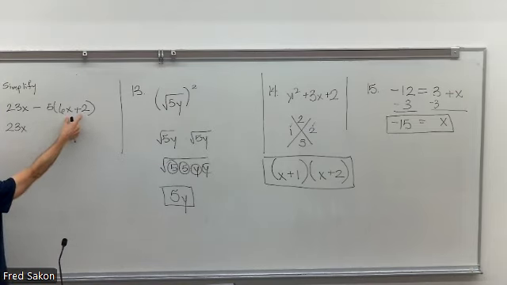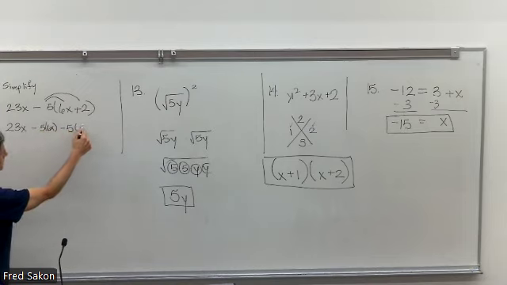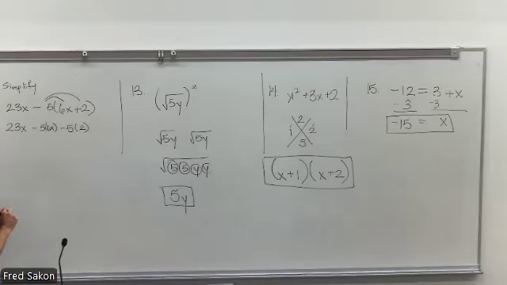You got scrambled terms in here, unlike in the distribution. Negative 5 times 6x, negative 5 times 2. So that gives 23x minus 30x minus 10.